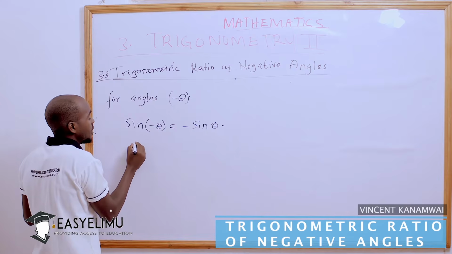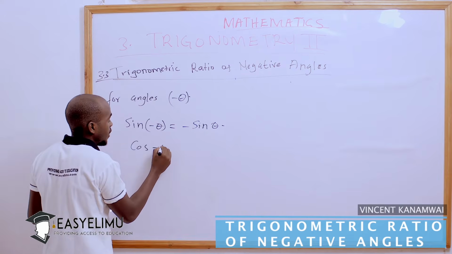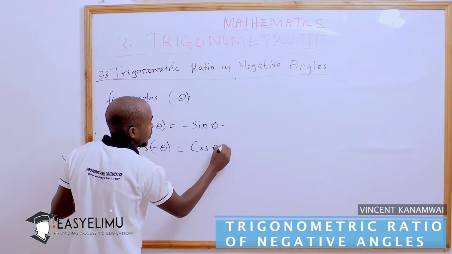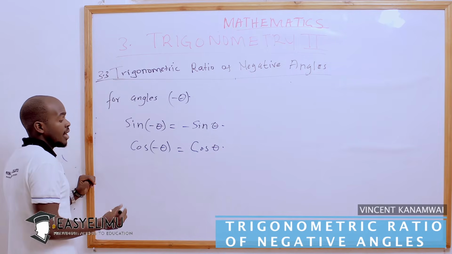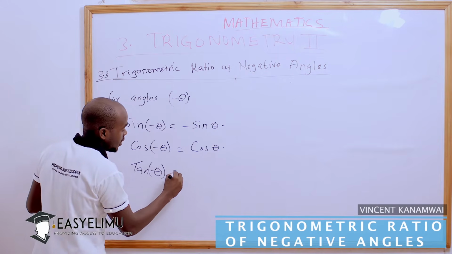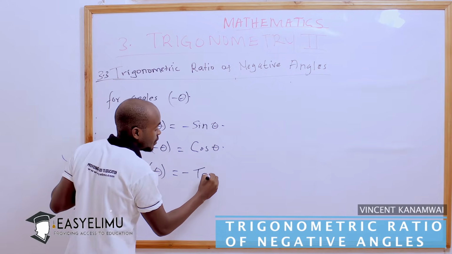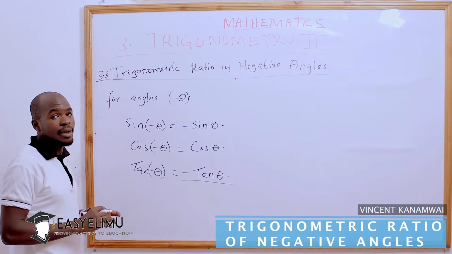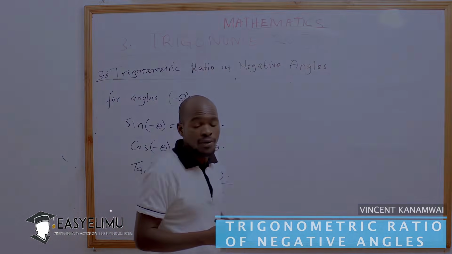And if you find the cosine of negative theta, it is the positive of that angle, just cos theta. And if you find the tangent of that negative angle, it's the same as finding the negative of the tangent of that positive angle. So that is the summary for negative angles.